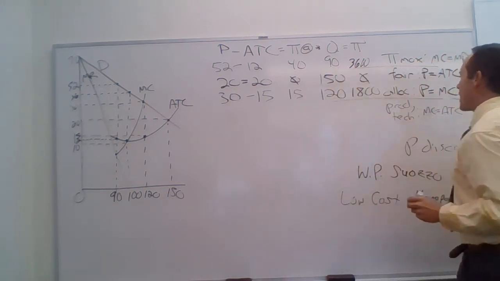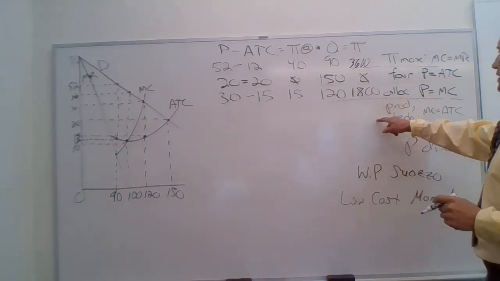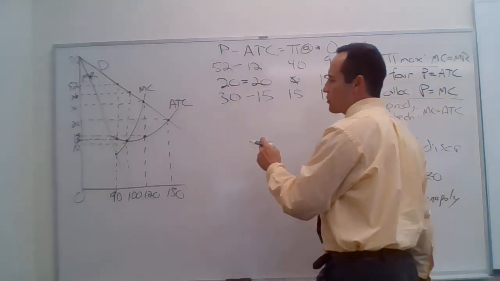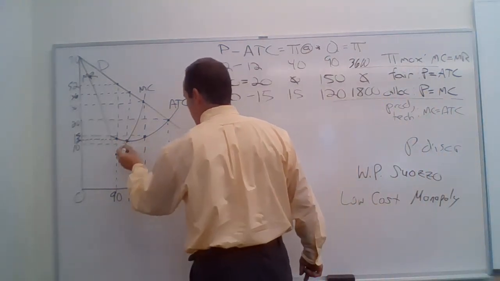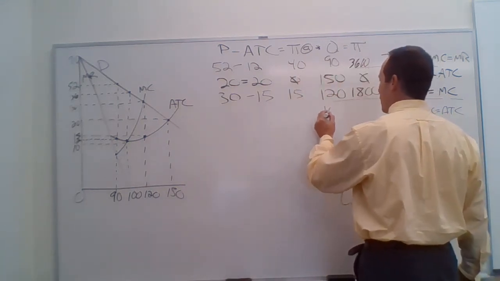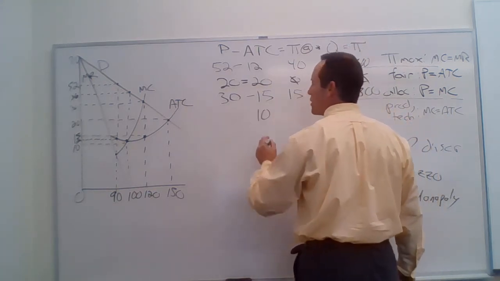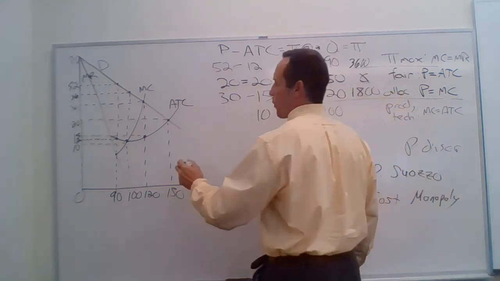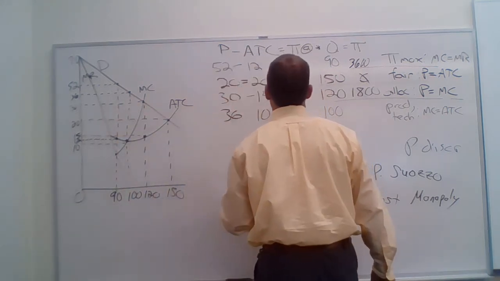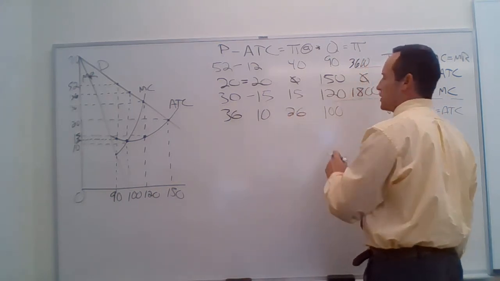Now, what happens if this monopoly is pressed to find productive or technological efficiency? According to this graph, ATC is minimized right here at quantity 100. So at quantity 100, we find our lowest ATC at $10. Our price, though, is 36. So we have a per unit profit of 26.